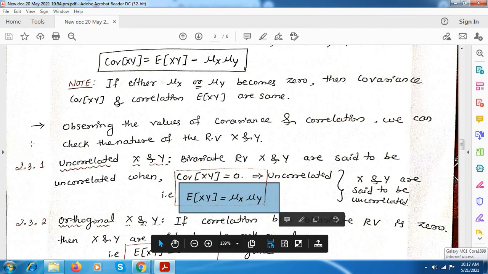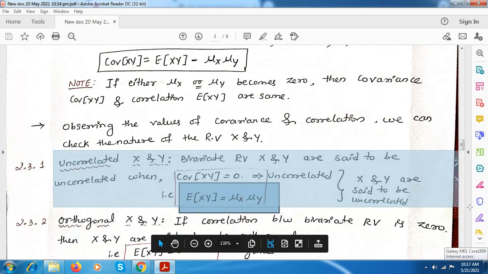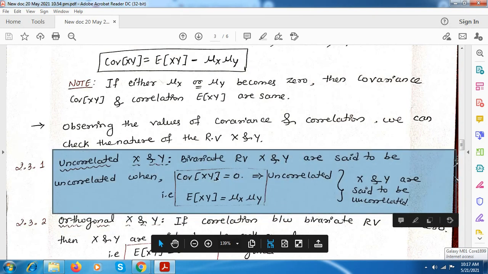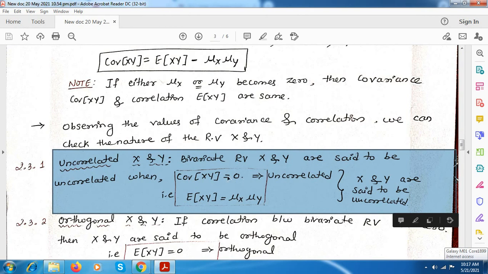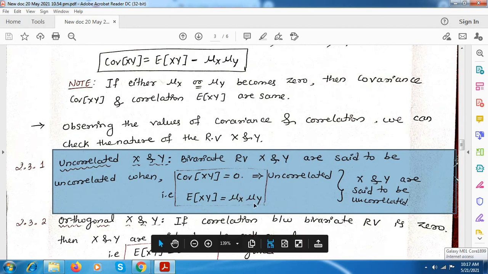So take down this. In the uncorrelated condition, you have covariance equal to 0. If covariance of x and y is equal to 0, then we call it the uncorrelated condition. If you substitute covariance as 0 in this equation, you get E of xy, which is correlation. Correlation is equal to the product of the mean values of the random variables x and y.